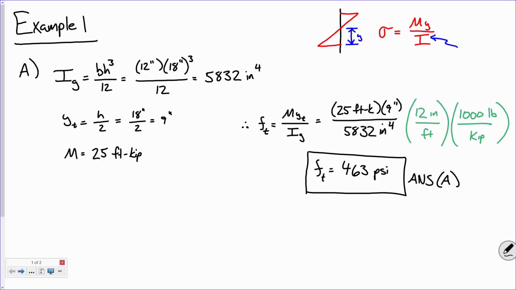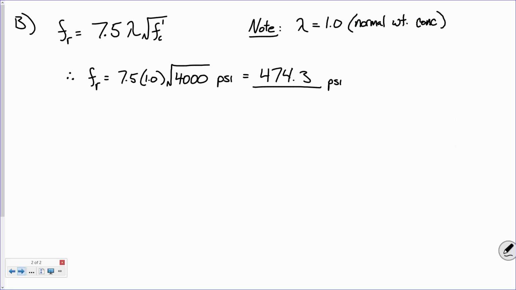Let's try and figure out how much moment it would take to crack this beam. Okay? Everybody okay with that? Now, how do we do that? We say that the cracking moment is F sub r Ig over YT, which equals all right.